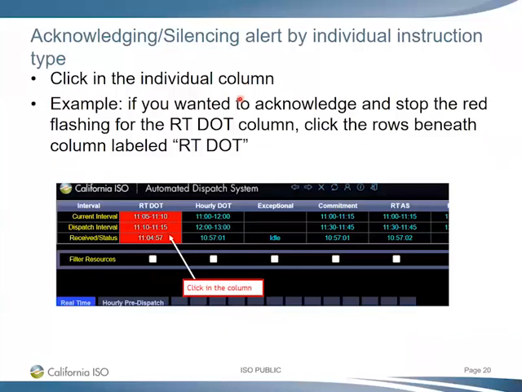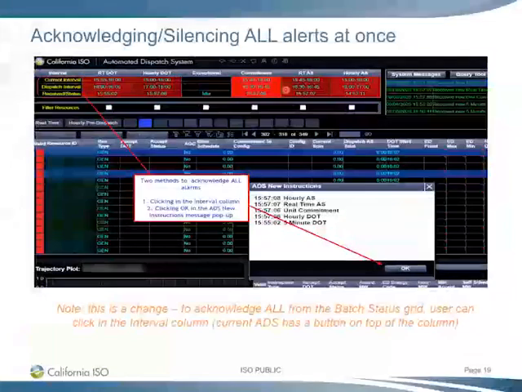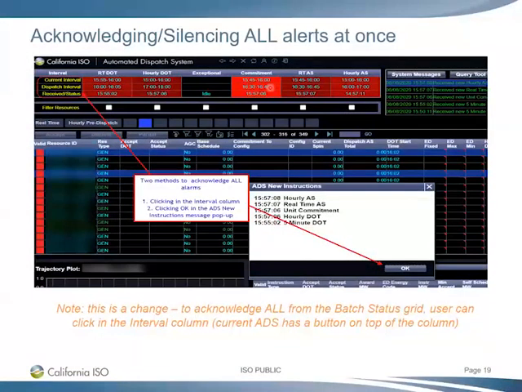Okay, so to click just one of them, you would click in the individual column. The reason we're talking about that is because, let's say, you receive a bunch of results at once, or maybe you stepped away for a few minutes and now you have a lot to acknowledge, and you only want to do one at a time so you can check each set of results.